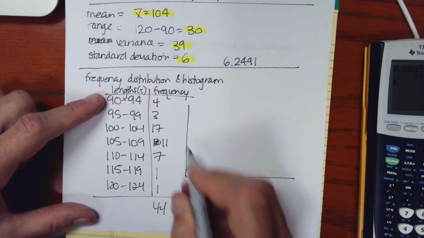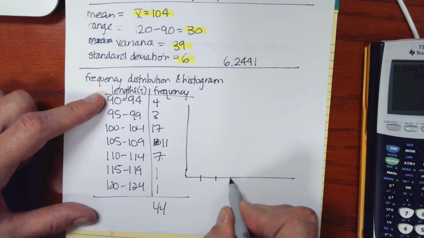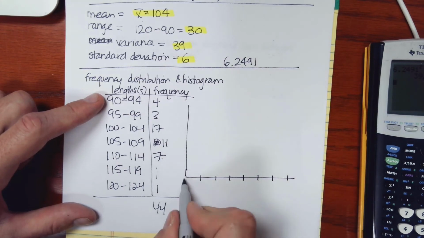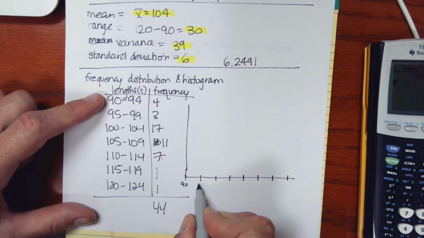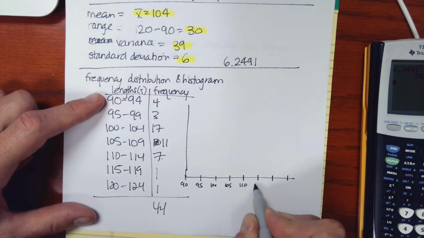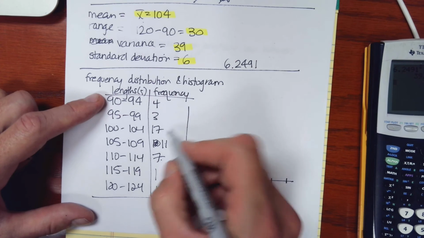I'm going to do this fairly quickly. I've got 1, 2, 3, 4, 5, 6, 7. This would be 90, 95, 100, 105, 110, 115, 120. And my highest count is 17.